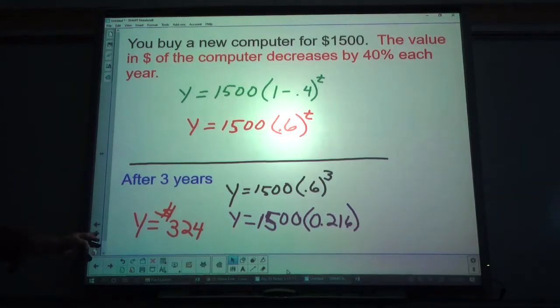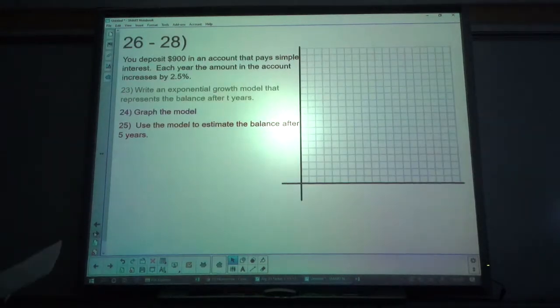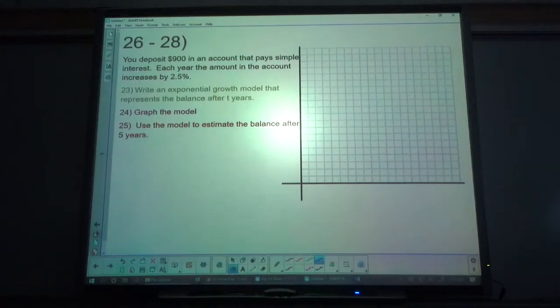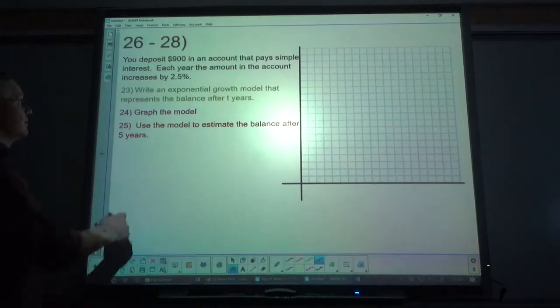Let's take a look at our next example. All right, for problems 26 to 28 in the book, you deposit $900 in an account that pays simple interest. So I equals PRT. Each year, the amount in the account increases by 2.5%. Write an exponential growth model that represents the balance after t years.